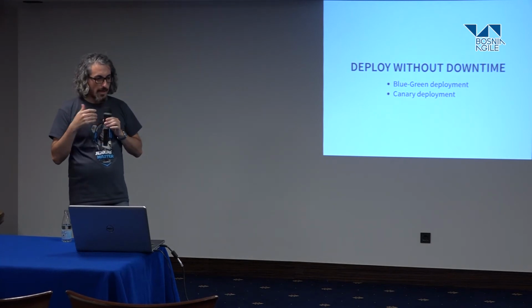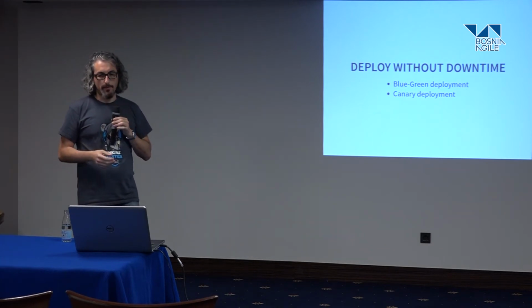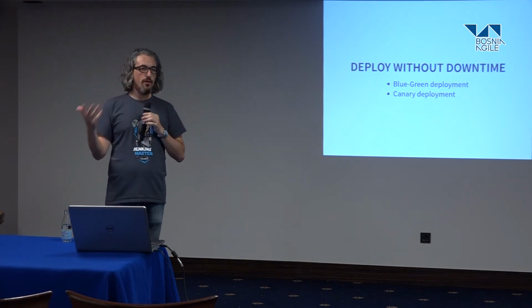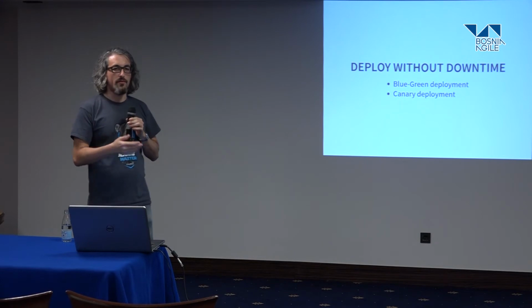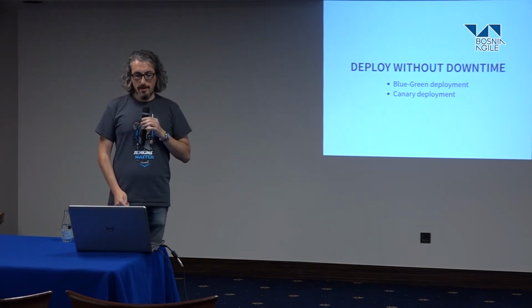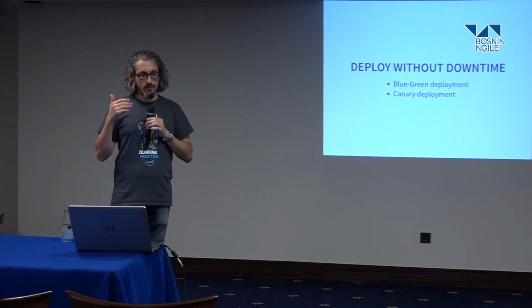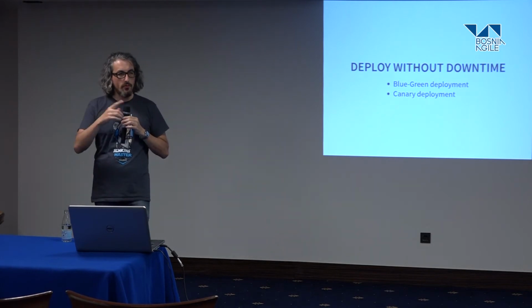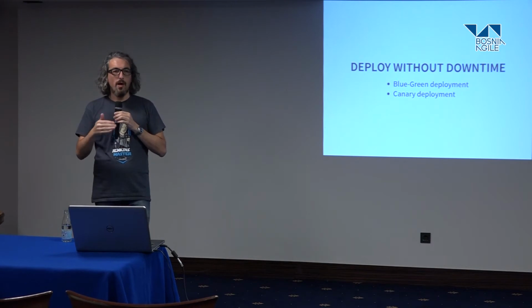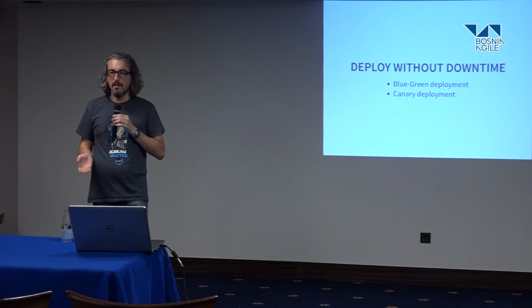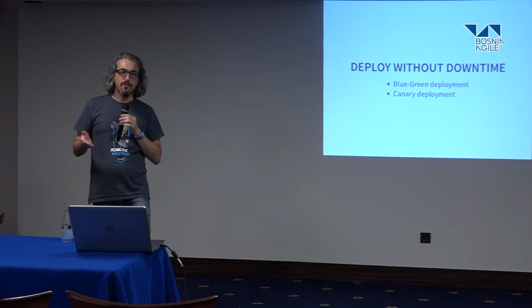So getting into more details on how you actually do this, how you can make it safer to do continuous delivery, continuous deployment. If you don't want to have downtime when you are continuously deploying things, because obviously if you're deploying once a month, once every 6 months, having a downtime of 5 minutes is okay.